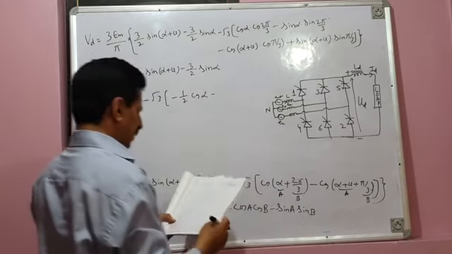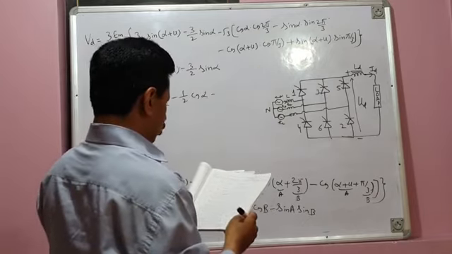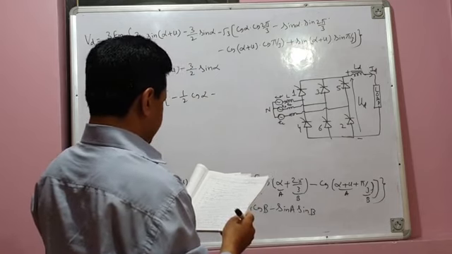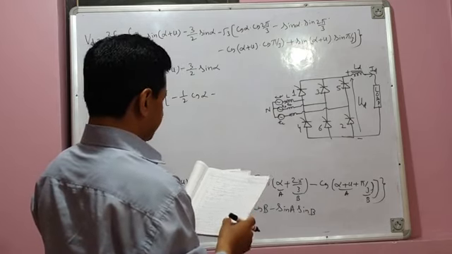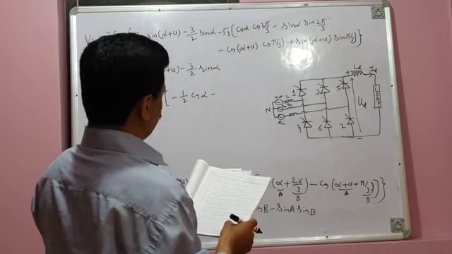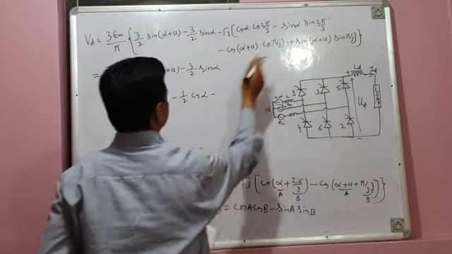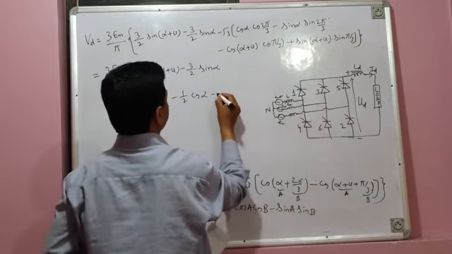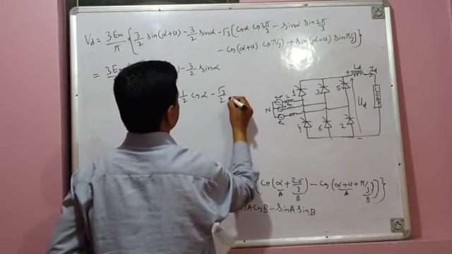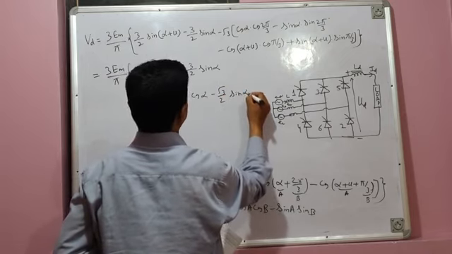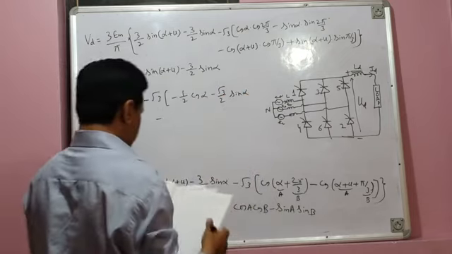minus, what is sine 2 pi by 3? Sine 2 pi by 3 is root 3 by 2. Sine 2 pi by 3 means sine 120 degrees. It is root 3 by 2 sine alpha, minus, what is cos pi by 3?